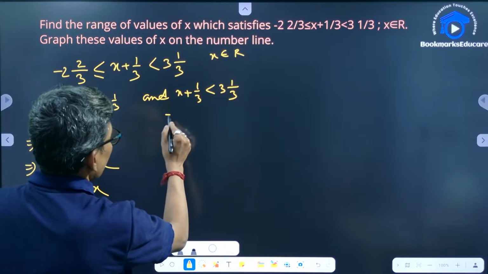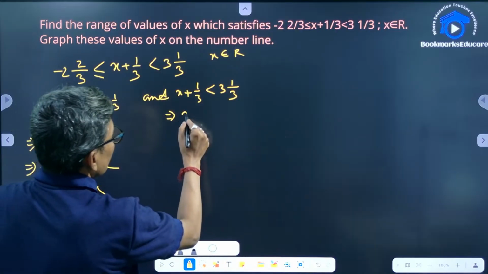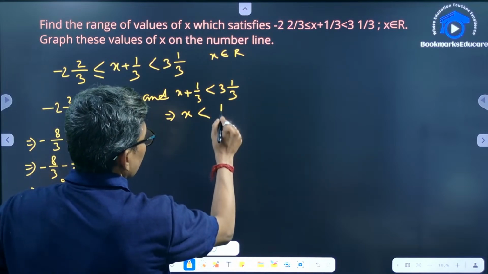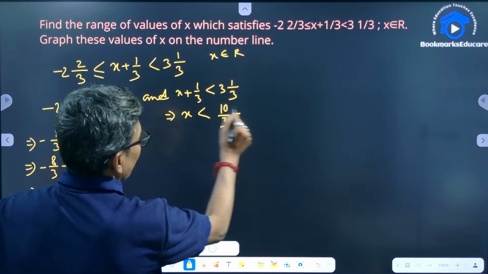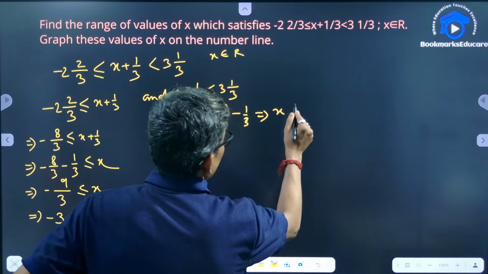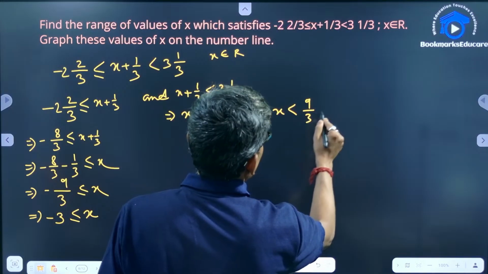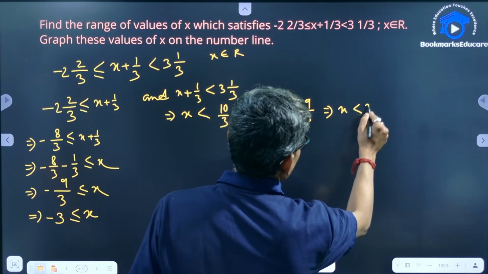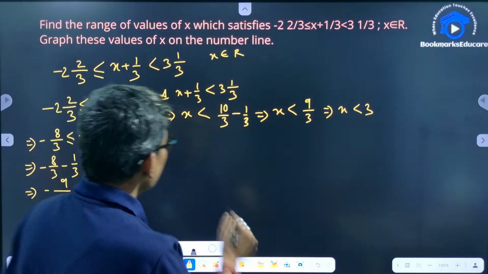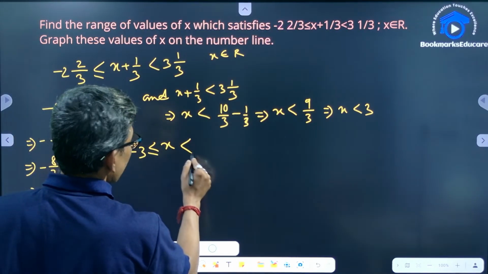As well as, we can do the same process over here for solving. 10 by 3 minus 1/3, 9 by 3, so x less than 3. So the solution set is x greater than equal minus 3 and less than 3.